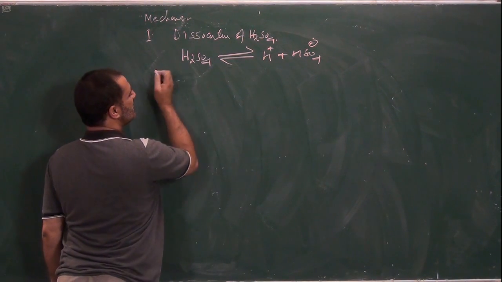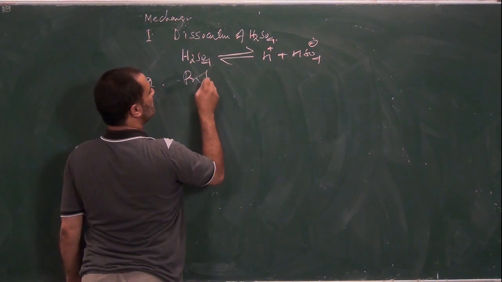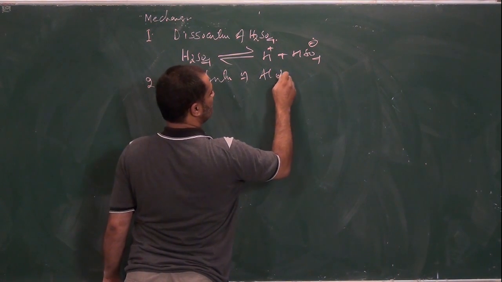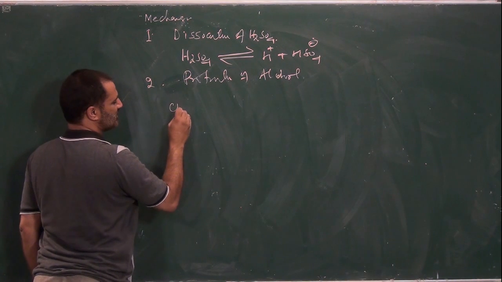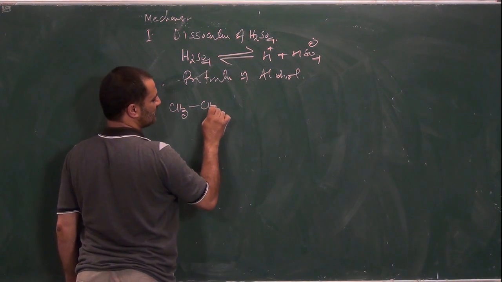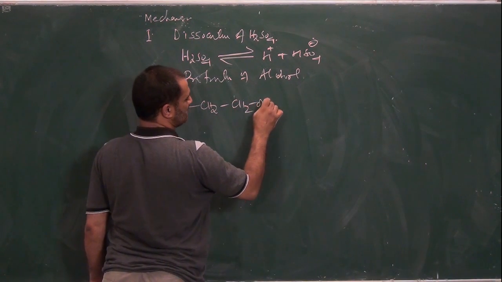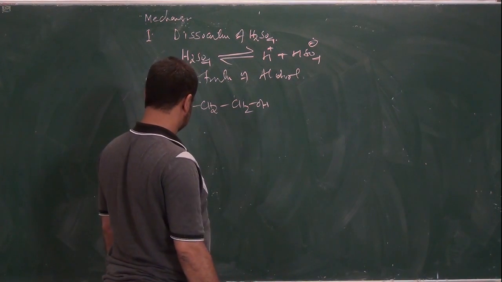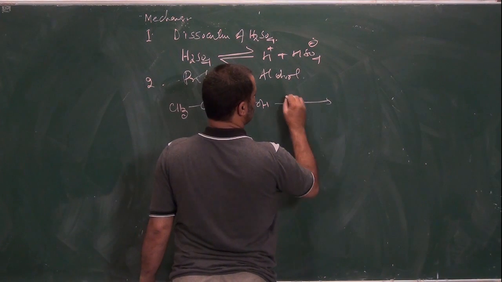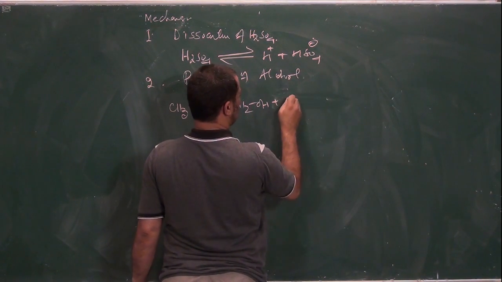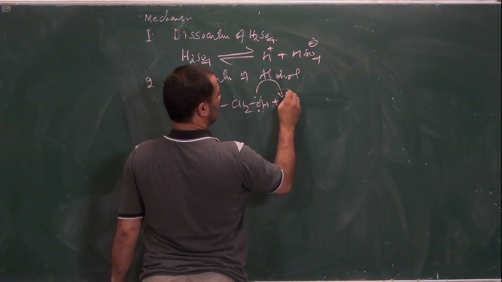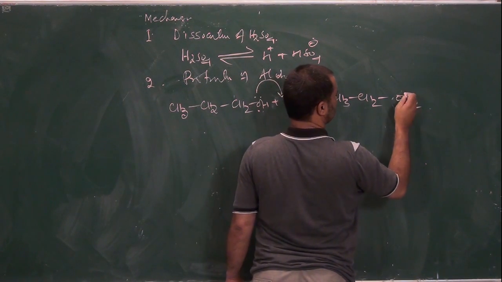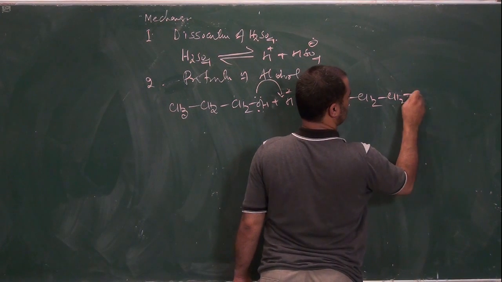Second is protonation of the alcohol, CH3CH2CH2OH. Protonation results in the formation of protonated alcohol.